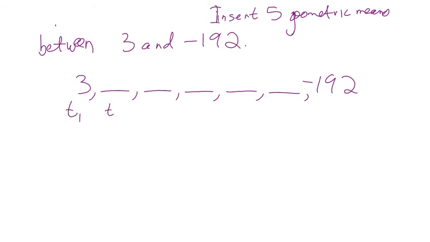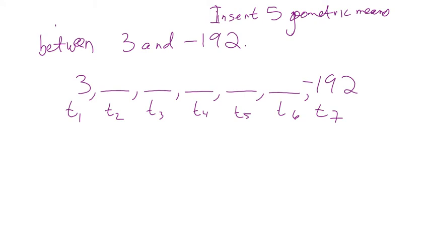This is T1, 2, 3, 4, 5, 6, and this is T7. So insert 5 geometric means. Make a sequence that starts with 3, ends with negative 192, has 5 terms in between them. And the sequence has to be geometric.